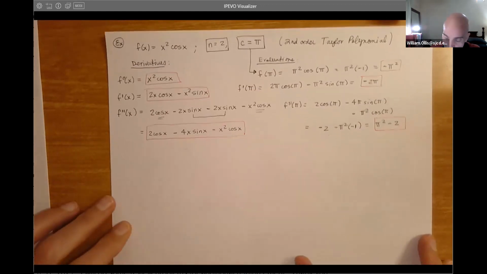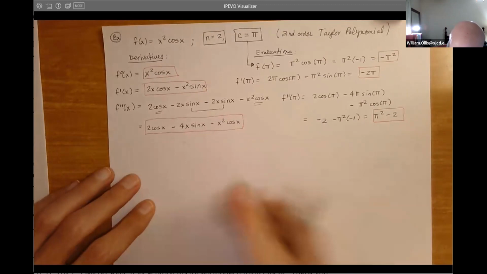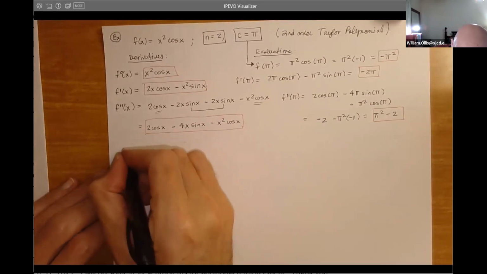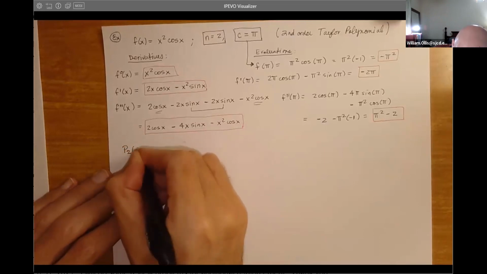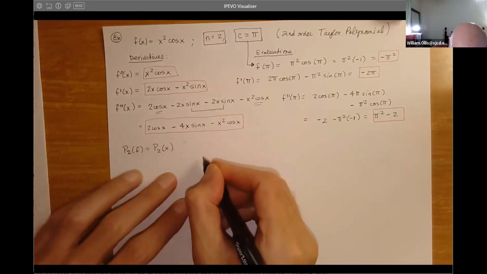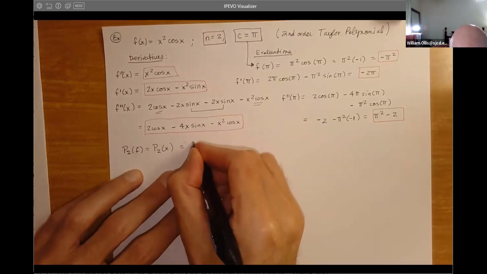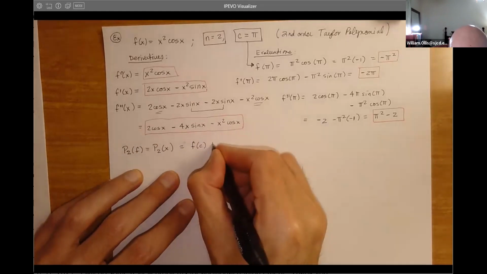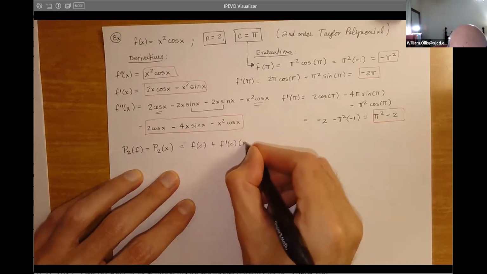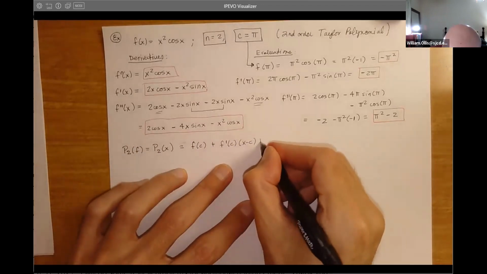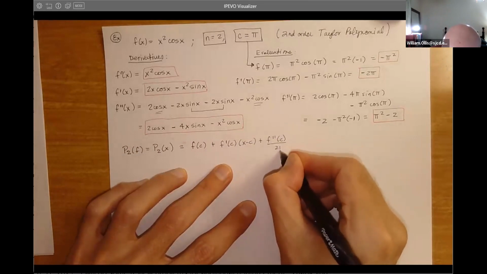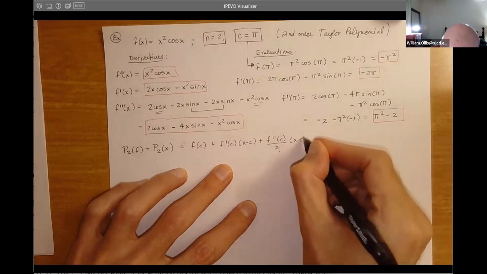So it's always good to write down what it is you need. So in this case, let's just write down the formula again, and I'll be sure to use the correct c this time. So the second order Taylor polynomial for f, also written P2 of x, is going to be f of c plus f prime of c times x minus c plus f double prime of c divided by 2 factorial times x minus c squared.